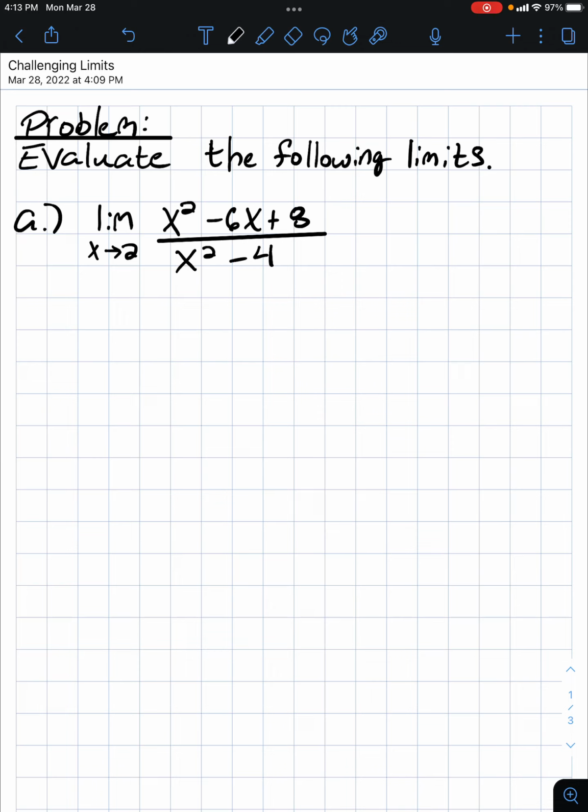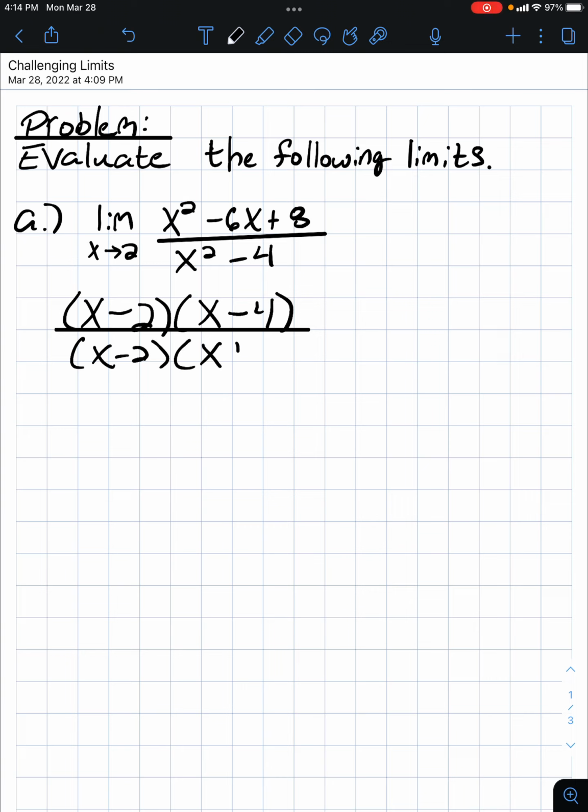What if we factored? Well, if we factor the numerator, we get x minus 2 and x minus 4, and then our denominator is going to be x minus 2 and x plus 2 when factored.